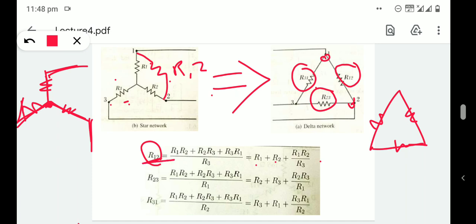R12 മീൻസ് R1 plus R2 plus R1 R2 ഡിവൈഡഡ് ബൈ ഓപ്പോസിറ്റ് ഉള്ള R3. അങ്ങനെ പഠിച്ചു വയ്ക്കുക.